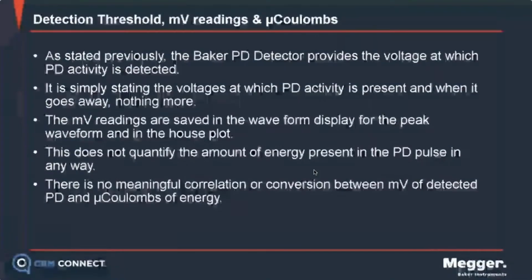Okay, so again, we have detection thresholds, millivolt readings. There's a lot of different settings, but basically, I want to make sure we understand that from our perspective, when we're just looking for partial discharge activity, we're really doing this kind of go, no-go detection. It's simply stating that this is the voltage at which partial discharge activity is present in our winding.